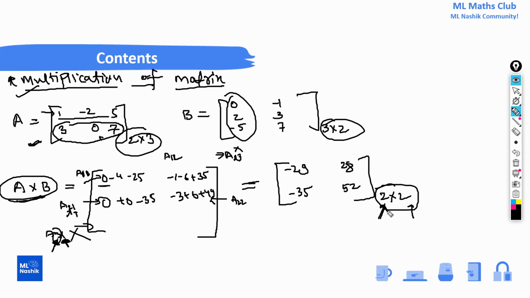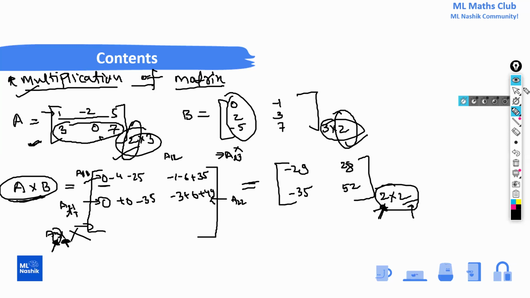Just take the number of rows in your first matrix and the number of columns in your second matrix. Here your first matrix has two rows and your second matrix has two columns. Hence your resultant matrix, A into B, has two rows and two columns. So when you multiply two matrices, your resultant matrix has order equal to the number of rows in the first matrix by the number of columns in the second matrix.